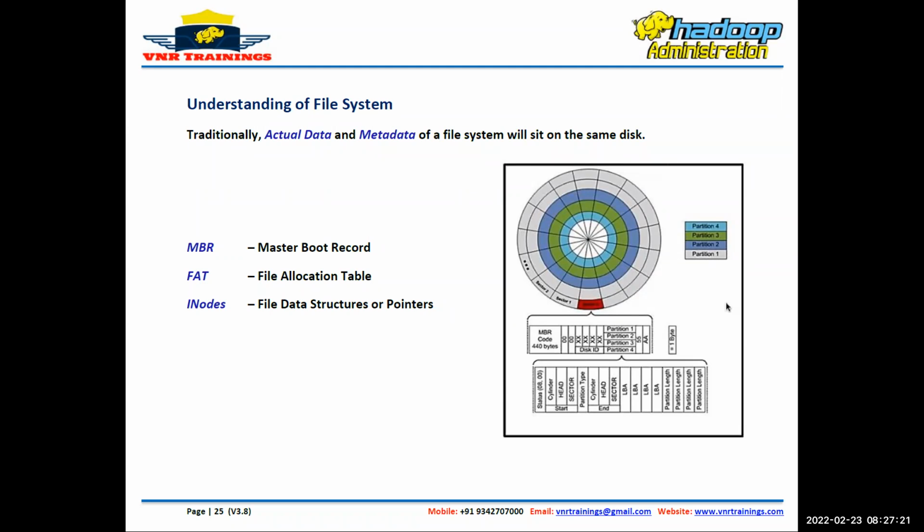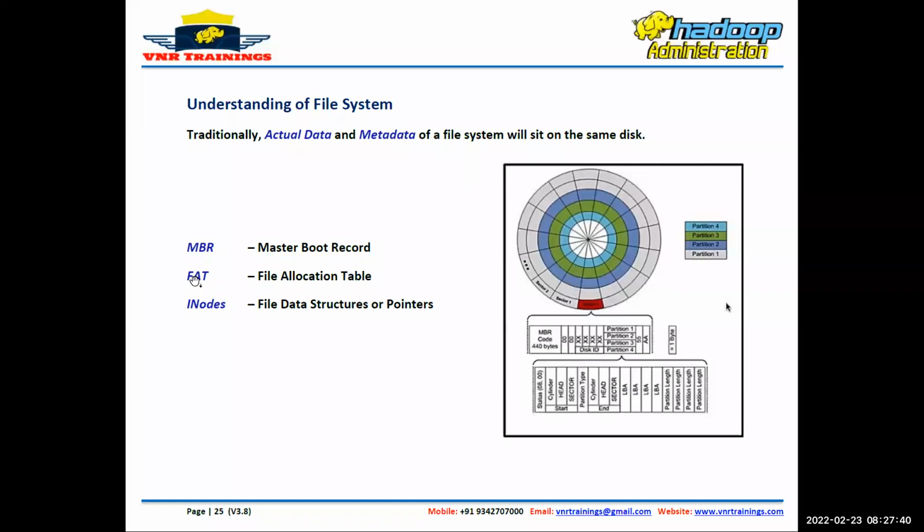So when you format, it will be divided into tracks, blocks, and sectors, and it will reserve some space. Can you see this one? There are dots here. This is the reserved space, which it is keeping for the file allocation table.